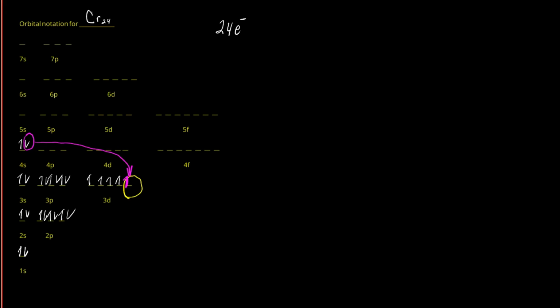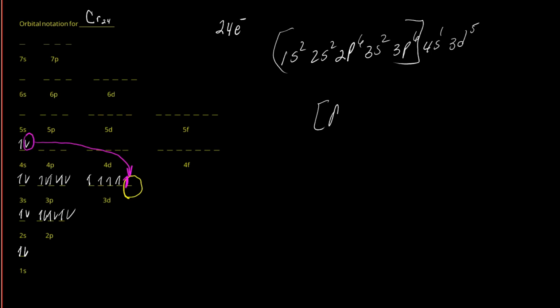So to write this configuration, we will say that it's 1s2, 2s2, 2p6, 3s2, 3p6, 4s1, 3d5. Or I can say argon 3d5, 4s1. That would be my answer.